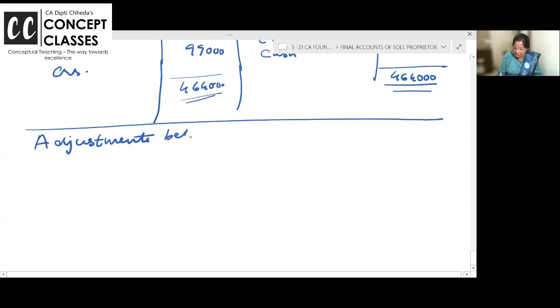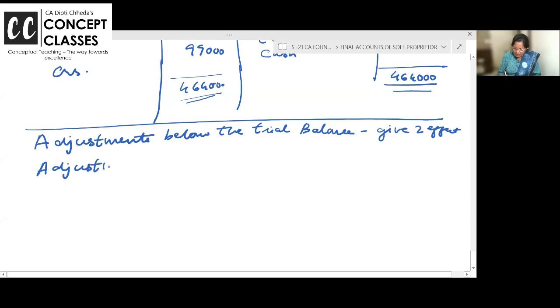Adjustments below the trial balance, put a dash, write down: give 2 effects. Below the trial balance, you give 2 effects.